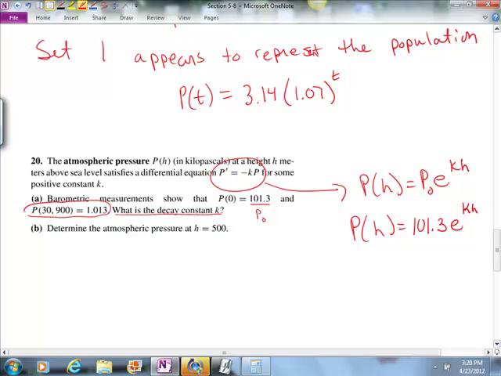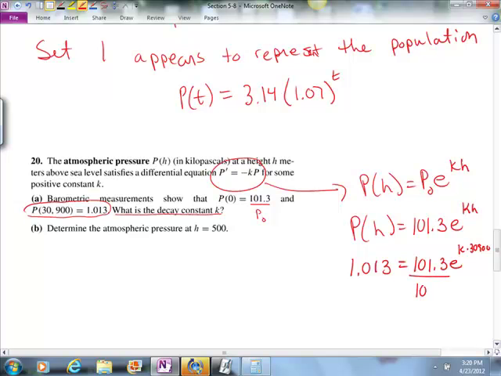Okay, and so I can then say that 1.013 is what I get when I have 30,900 as my h. So you just want to solve this for k, because you're looking for the decay constant.